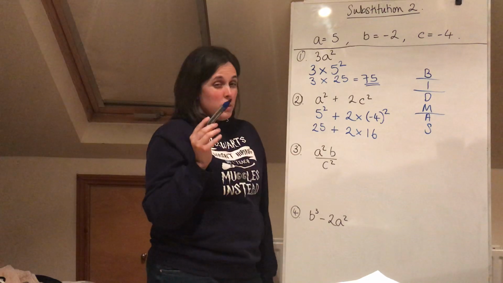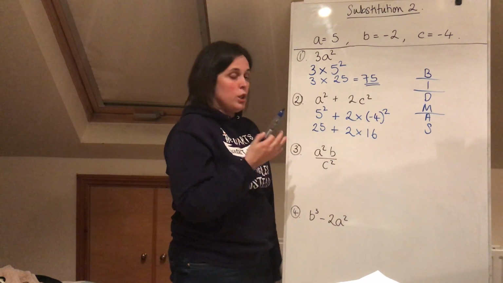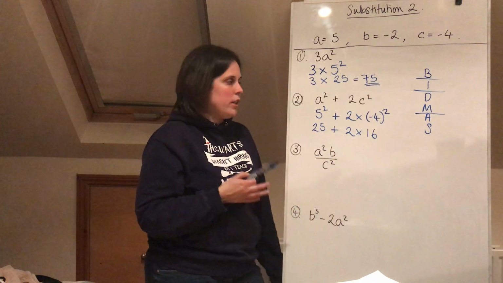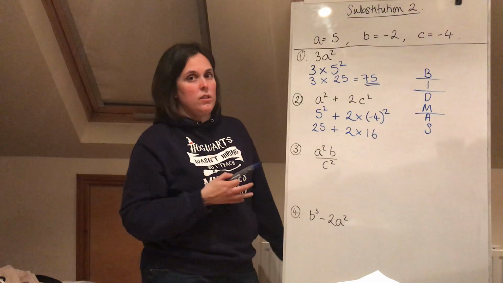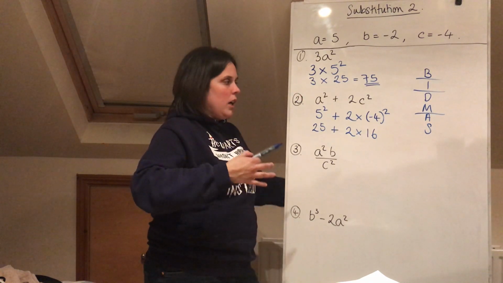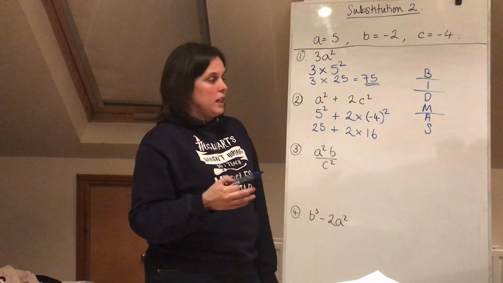Now it's really important here that we remember that that's the case, and actually when you square any number, it's always going to be positive. The only exception to this is 0, because 0 squared is just 0. Every other number is always positive, because you're going to be doing a negative times a negative.